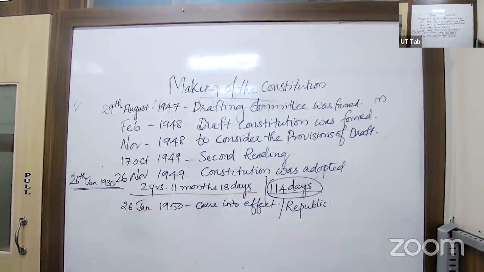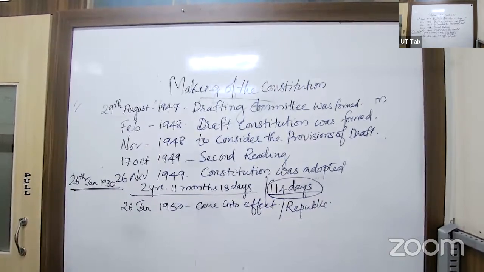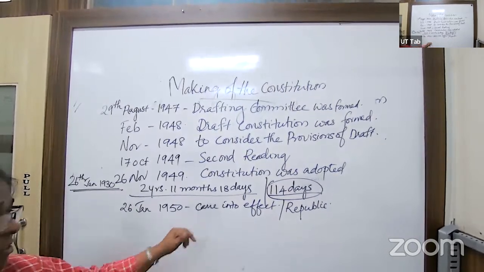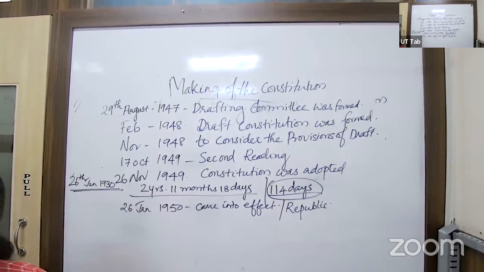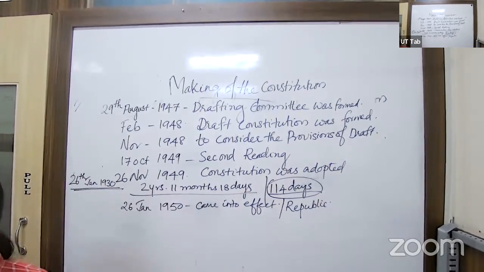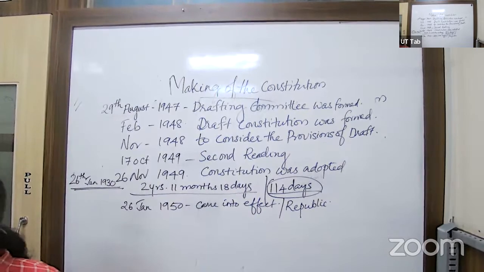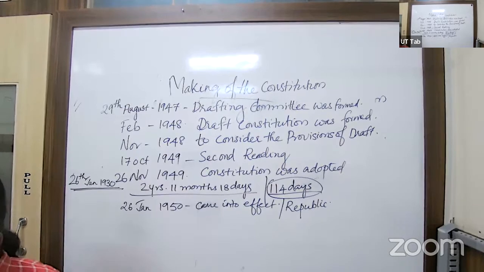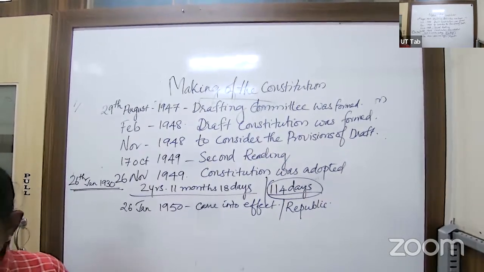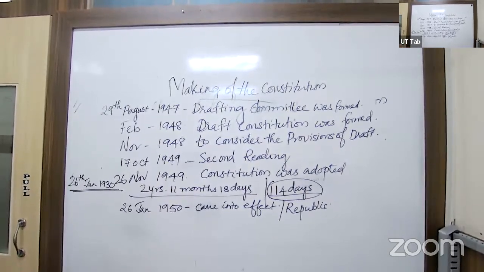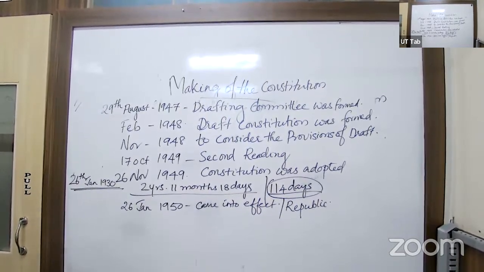Now, listen. We have drafted and adopted the constitution in 1949, 1950, and till date we are using that constitution. Here is a question: why should we accept a constitution made by this assembly more than 75 years ago?